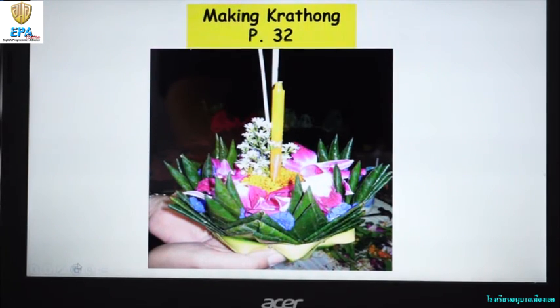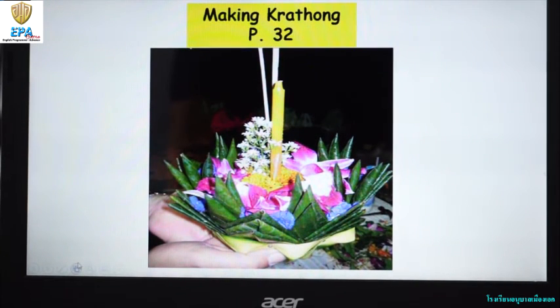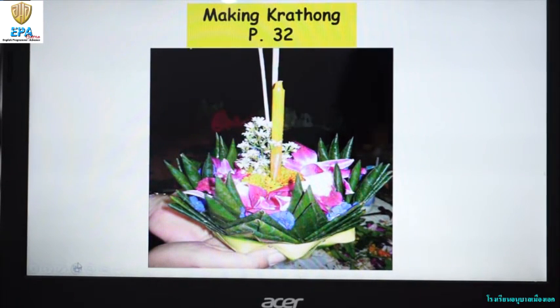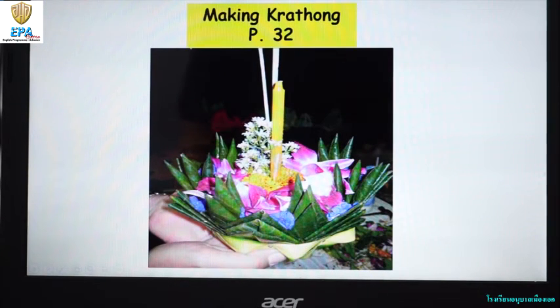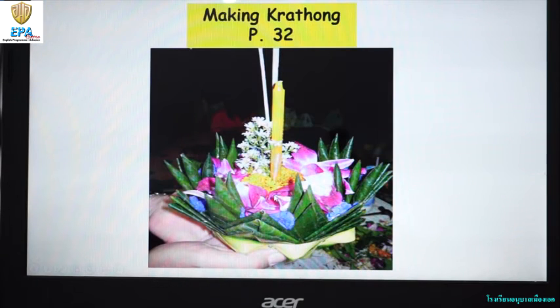This next activity, kids, is on page 32 of your science book. This is all about making kratom. So how do we make a kratom? You already have learned about the materials in making a kratom.